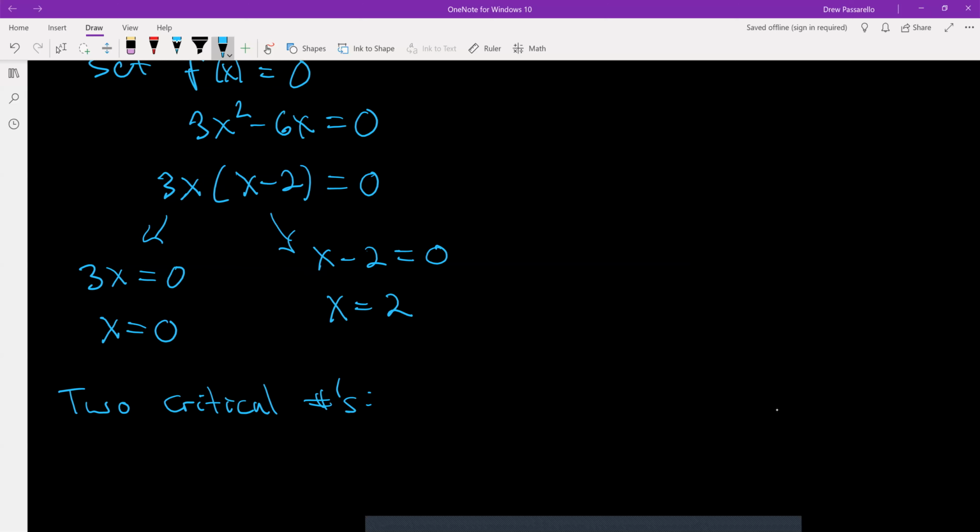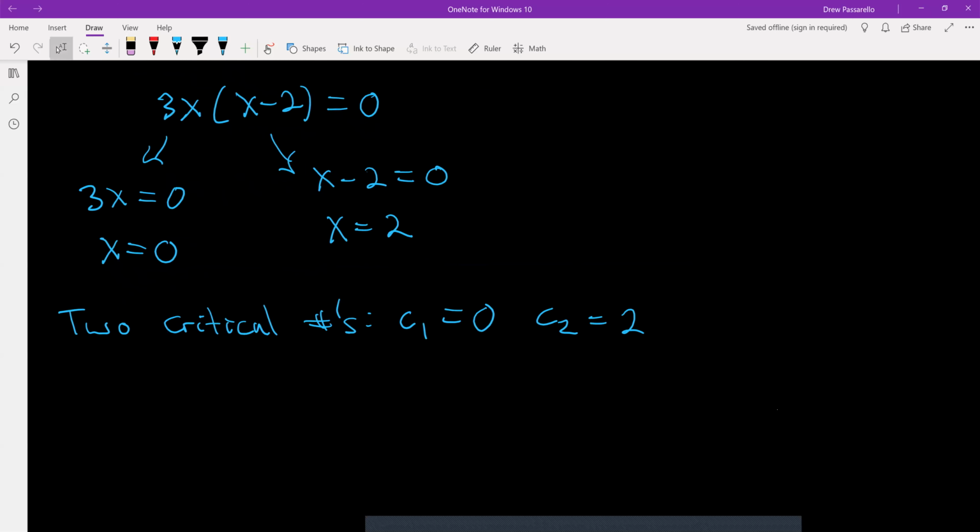And I usually use C1 for the first one being 0, and then C2 for the second one being 2. All right, now I'm going to determine are these relative min or max by plugging into the second derivative.